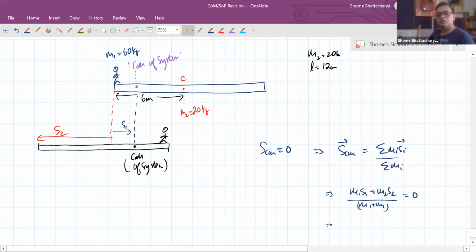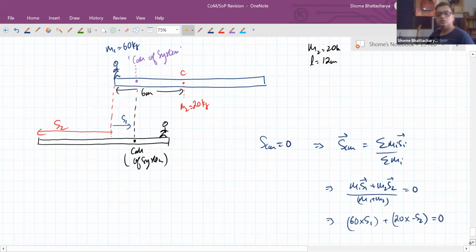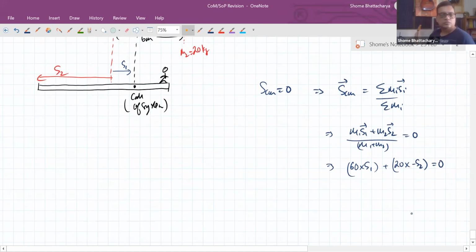So we get the relation: 60 kgs multiplied by s1, plus 20 kgs, but now when I'm writing in 1D, I will write this as a minus s2, should be equal to 0. This displacement of the person is this vector here. So I have 3s1 is equal to s2 as the first relation.